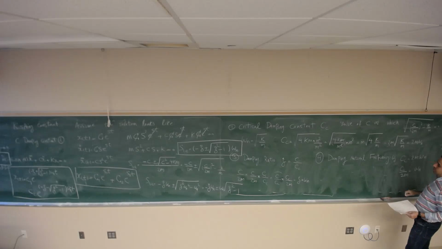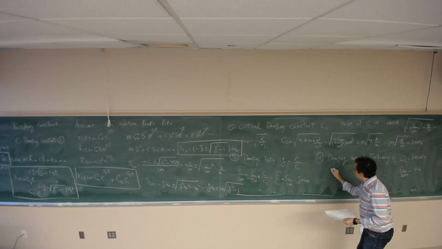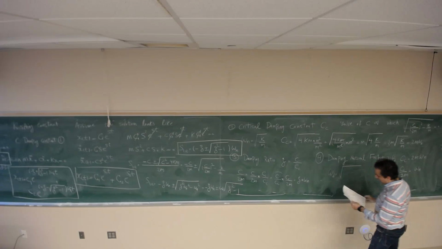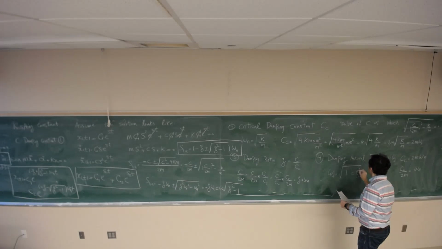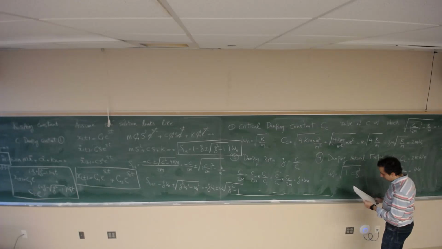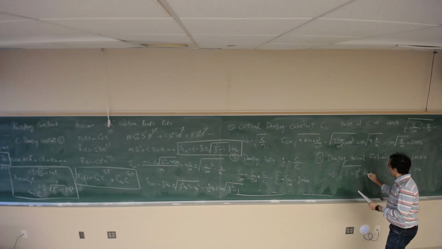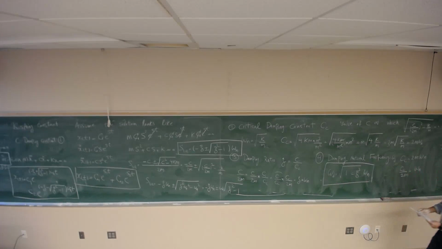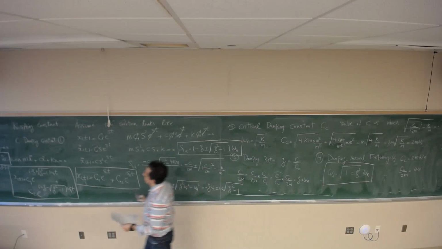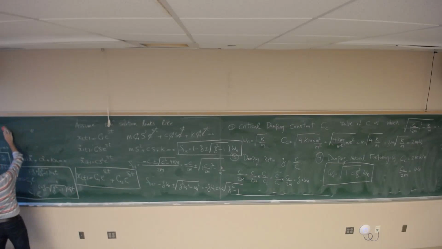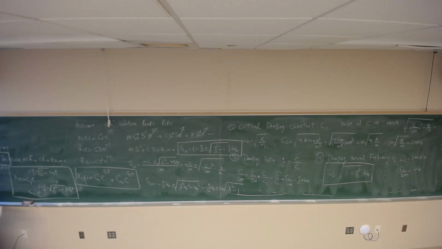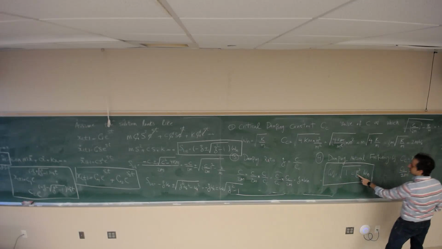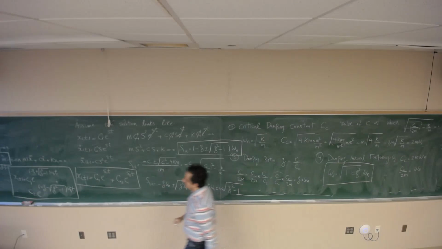Omega d is the square root of 1 minus zeta squared, times omega n.